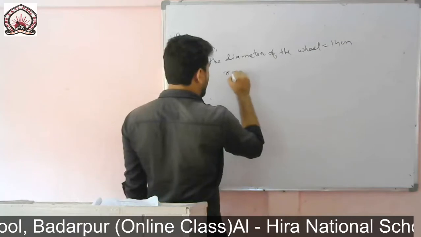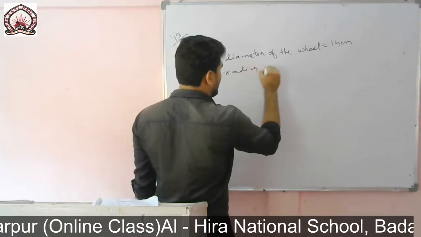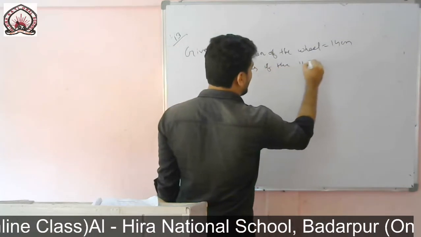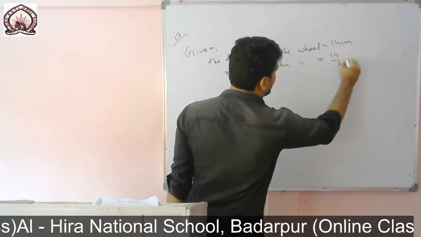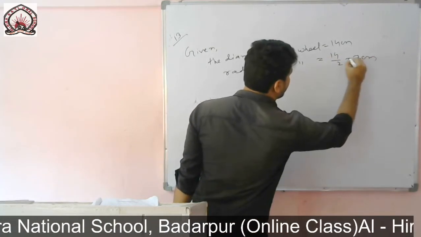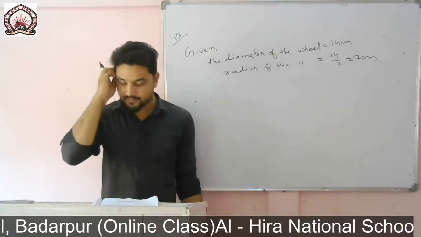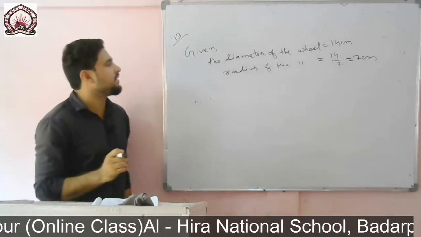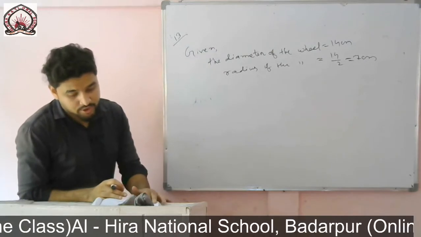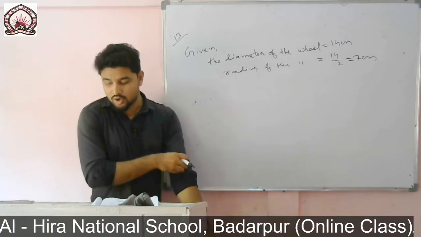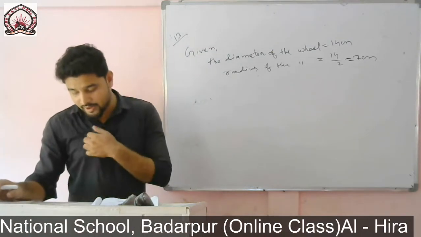The radius of the wheel will be 14 by 2 equals 7 centimeter. Okay, 7 centimeter. Now I have to find distance covered in one revolution.